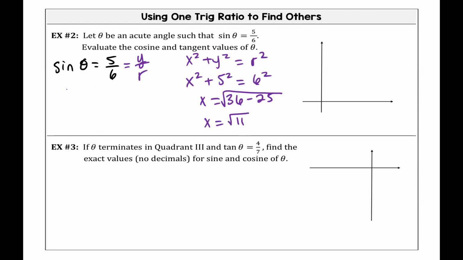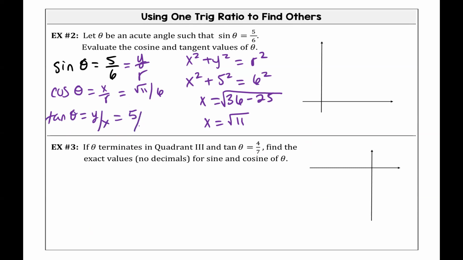All right. Can I find cosine now? So cosine theta is x over r. What's our x? Over 6. But we can't leave the radical for a tangent. For tangent, we're going to have to rationalize. Exactly. All right. Tangent is y over x. What's our y? 5.